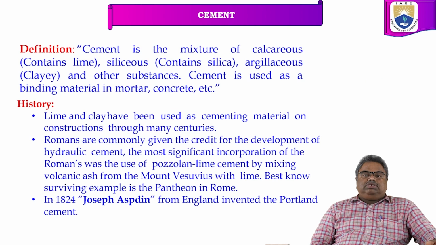So first of all, what is the definition of cement? Why is it called cement? Cement is a mixture of calcareous, siliceous, argillaceous and other substances.